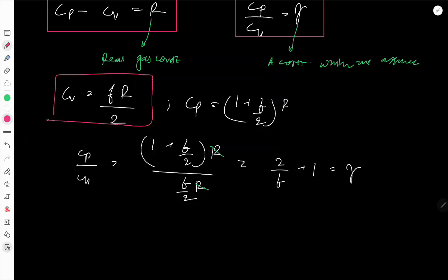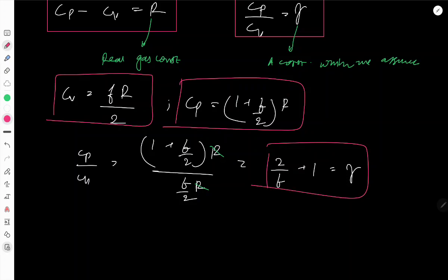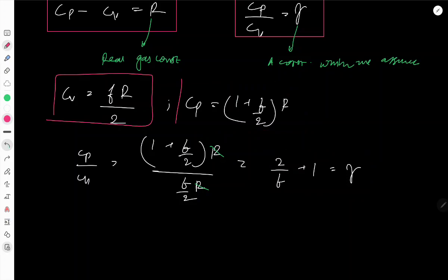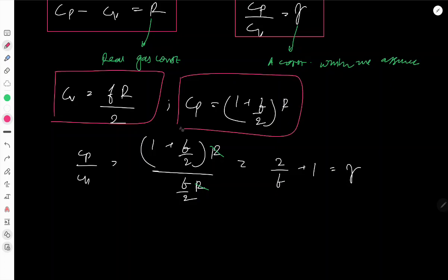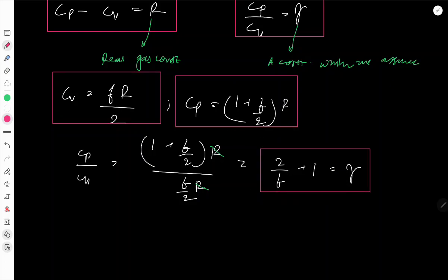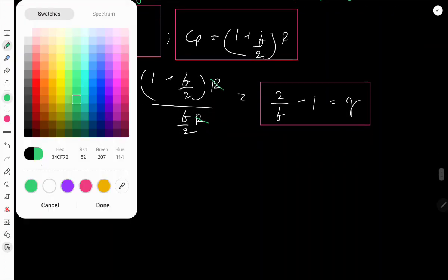So this is important, this is important, and this is important. 3 important formulae. And till then, let us understand the types of processes.